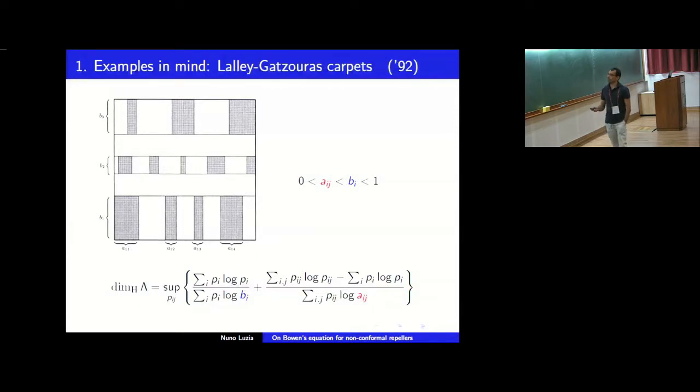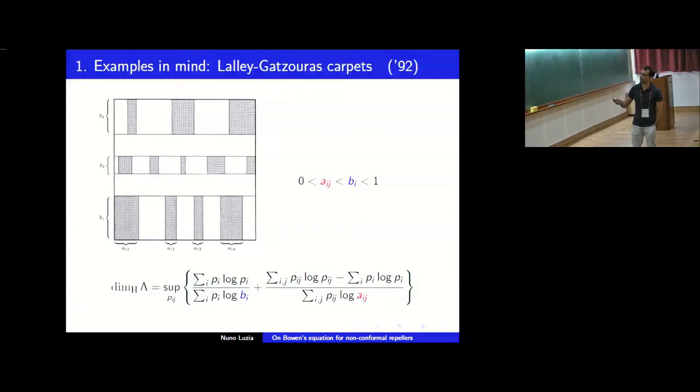So this is entropy over Lyapunov exponent on the vertical. This is very well known for conformal dynamics. In the vertical, we have a conformal dynamics, plus now another similar expression, but now for the dimension of the fibers.